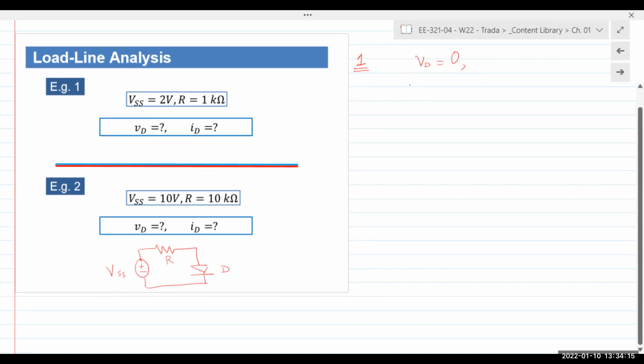What do we get? We have the equation VSS is equal to ID times RD plus VD. So ID is VSS over RD, and you get 2 milliamps.